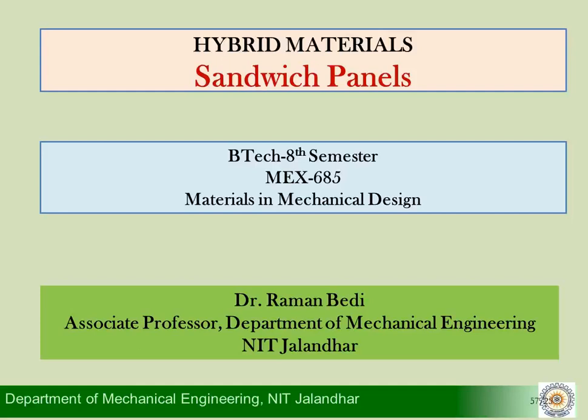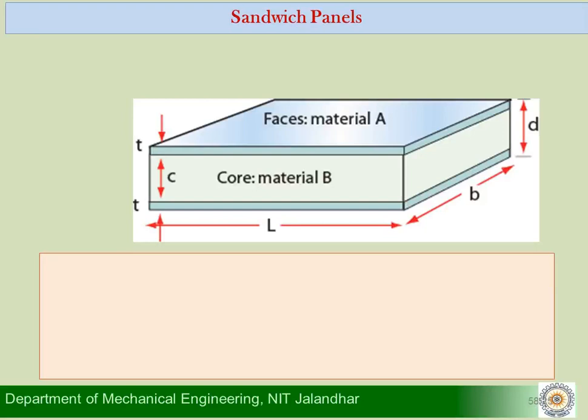In the same context, talking about the hybrid materials itself, we now talk about another category of hybrid materials which we call sandwich panels. Now, going forward, a sandwich panel basically is a panel which has faces, just shown here.